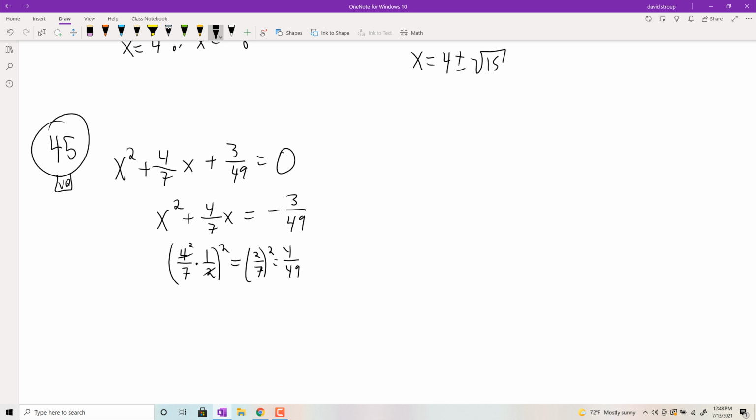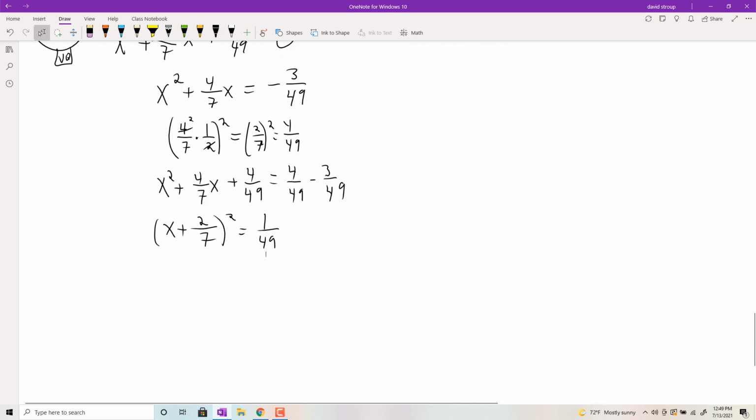And I need to add that to both sides of the equation. Okay, factor. And then apply your square root property.